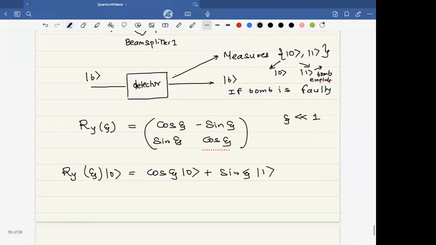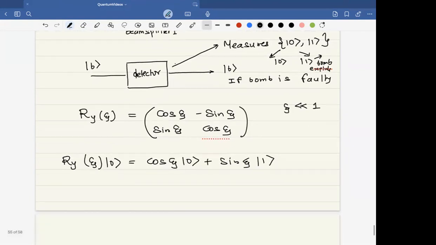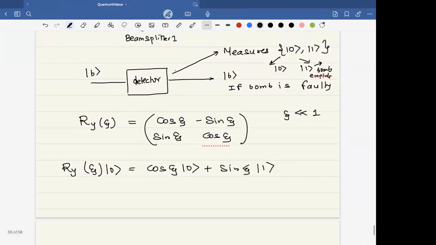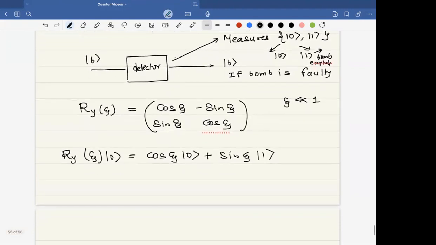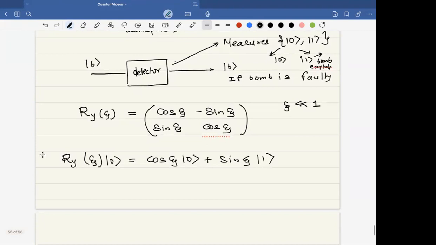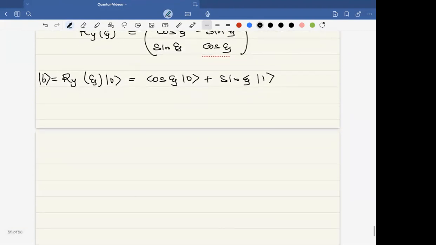Right. So this we will call our initial state. And well, if you pass this initial state, one can look at two scenarios. Case one is if the bomb is faulty. So if I pass this state, let me call this state ket B. So case one, if bomb is faulty.